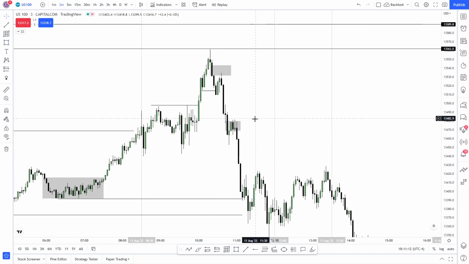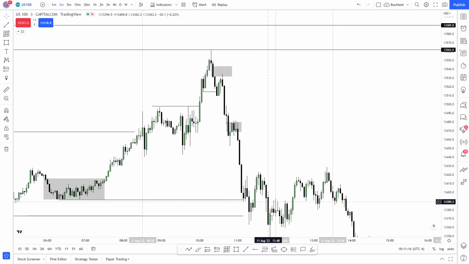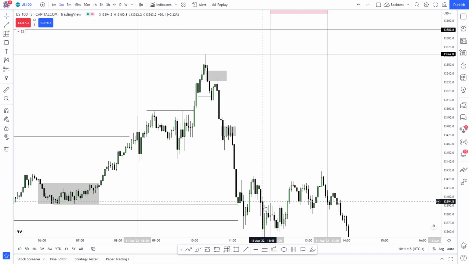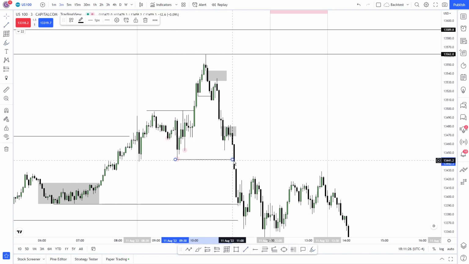So this is a potential trade here, and then if we use the model I showed in one of my previous videos, the intermediate term low, so right here, this intermediate term low got broken right there.